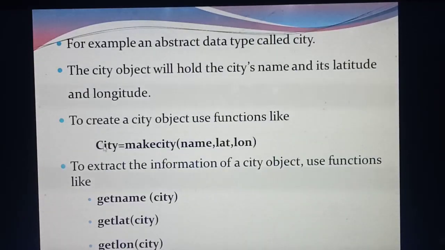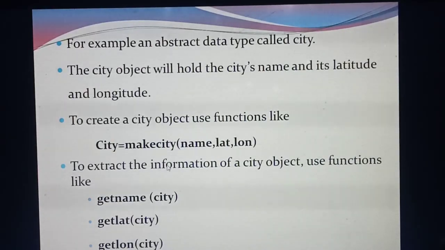Listen, see this line: city equal to make city of name, comma, latitude, comma, longitude. Here the city we can call an object or data type. In the constructor definition you have studied that a constructor will create an object.